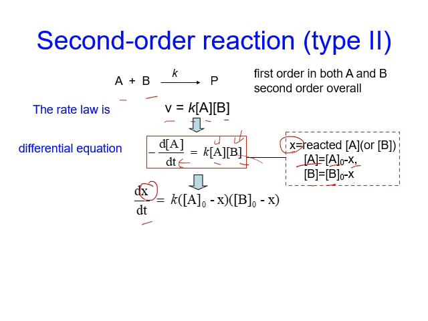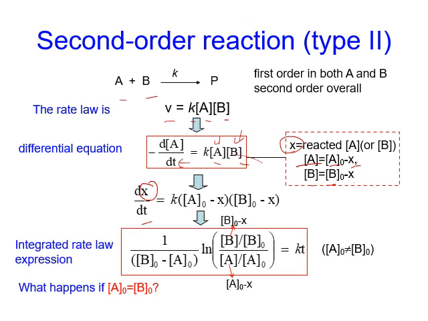Separate variables, and we can integrate, and the final solution is this one. This is the integral rate law for type 2: 1 divided by ([B]naught minus [A]naught) times the natural log of ([B]/[B]naught divided by [A]/[A]naught) equals kt.